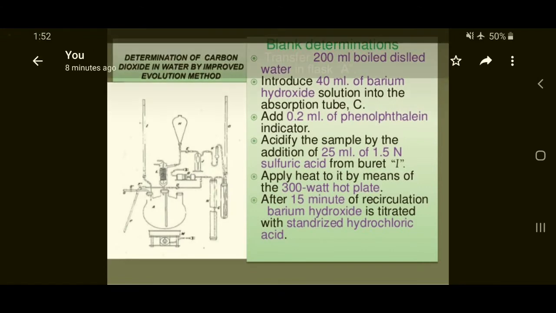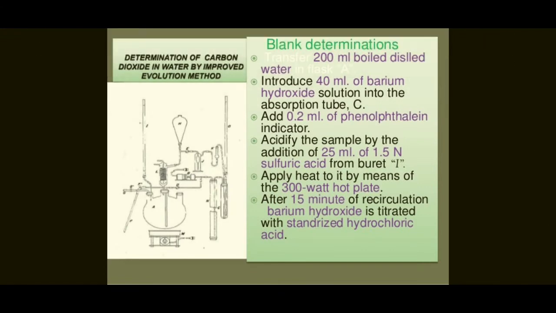In this diagram, the blank determination uses 200 ml of boiled distilled water. Introduce 14 ml of barium hydroxide solution into the absorption tube and add 0.2 ml of phenolphthalein indicator. Acidify the sample by adding 25 ml of 1.5 N sulfuric acid from the burette.